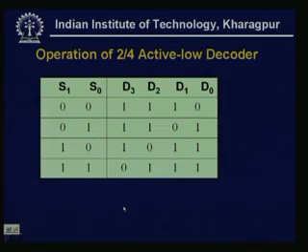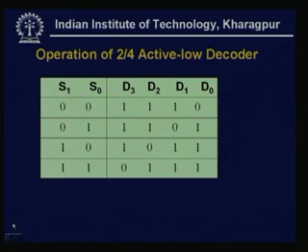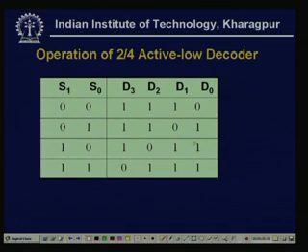Now, if it is active low, for the same select line or the same control bits on the select lines, one particular output line will be active low and the remaining will be 1.